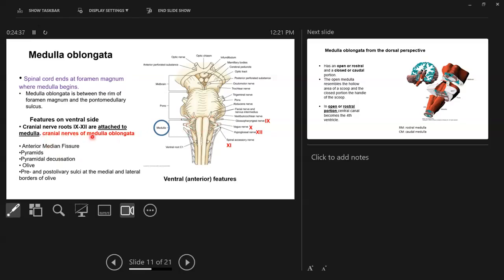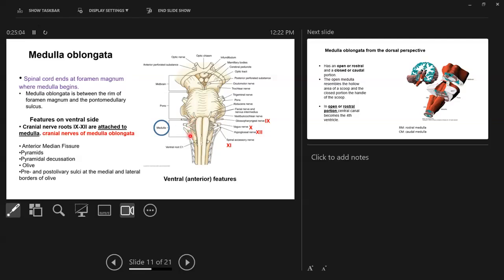So we call them cranial nerves of the medulla oblongata. There will be a separate designation for nerves lined up at the pontomedullary sulcus, these nerves. More about that later. So once again, just focusing on the medulla from here to here, or from here to here, caudal to rostral, or rostral to caudal.